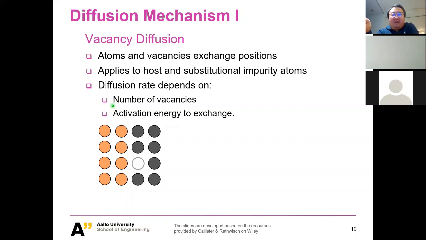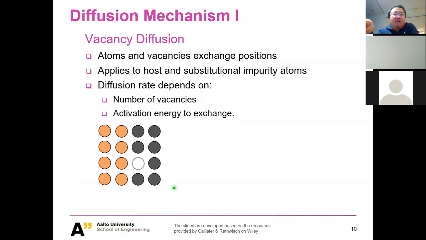How to understand this? You probably remember that in our metals or crystals, there are always vacancies. That is the basic formation of dislocations and also other effects. I'm giving an example of interdiffusion, but this applies also to self-diffusion.